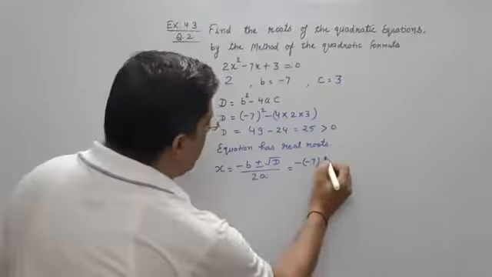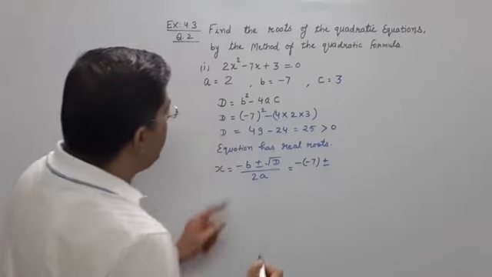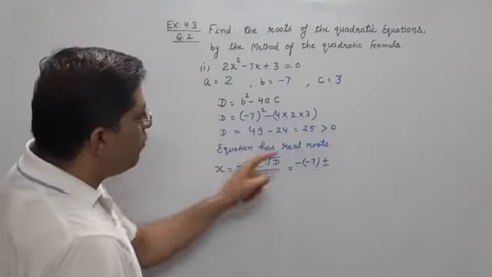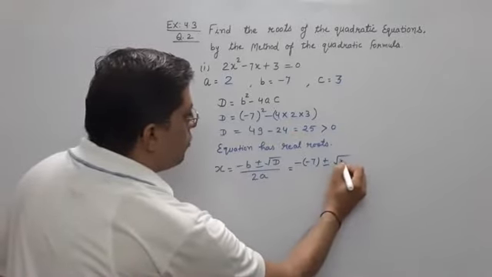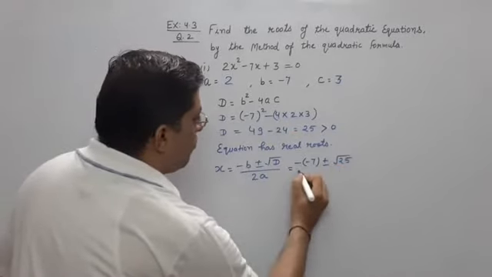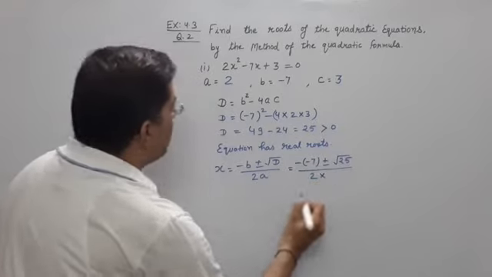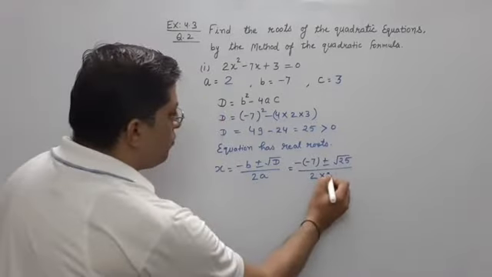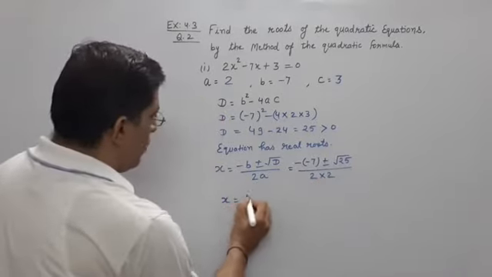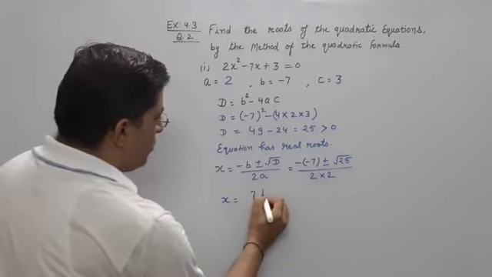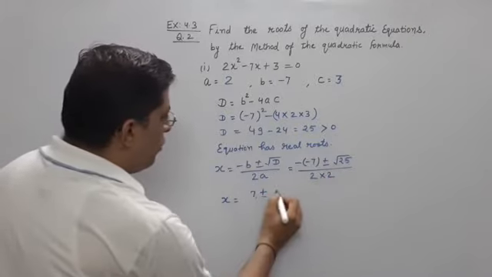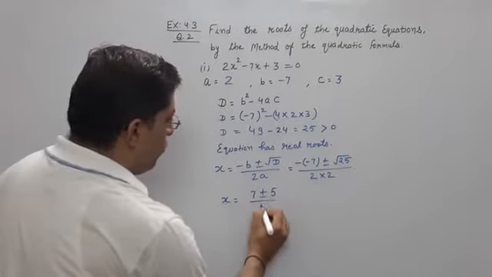Plus minus under root D. Under root D is what here? 25. So under root 25 upon 2 times a. What is a? A is here 2. Minus minus plus 7, plus minus under root 25 is 5, upon 4.